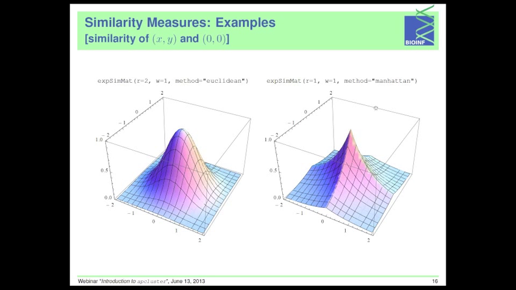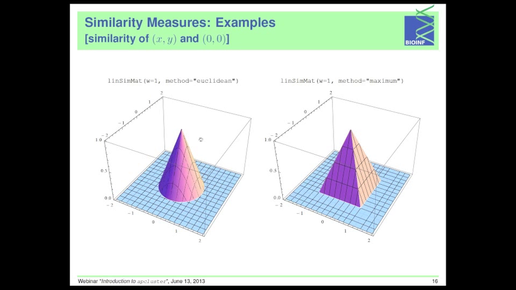If you take 1 minus the Euclidean distance and truncate it at 0, you get such a cone. Or if you do this for the maximum distance, you get this pyramid. It's just a little bit of play. By the way, these graphics were not created in R, but in Mathematica. I'm sorry for that. In terms of 3D plots, I think Mathematica still produces prettier outputs, and I hope that R will one day catch up with that.